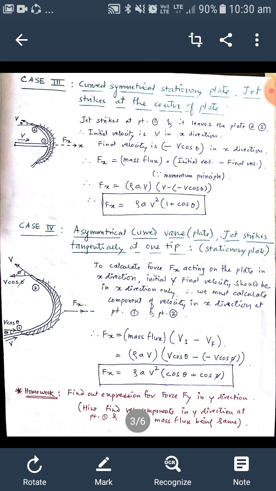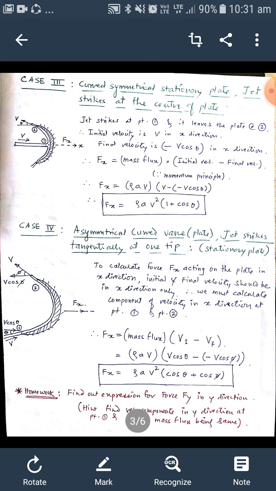That angle I have shown, that is theta. When it leaves the plate at point number 2, the velocity v, that is the jet velocity, is inclined, and its component in x direction is in the negative direction, v cos phi. Phi is the angle at the outlet and theta is the angle at inlet.